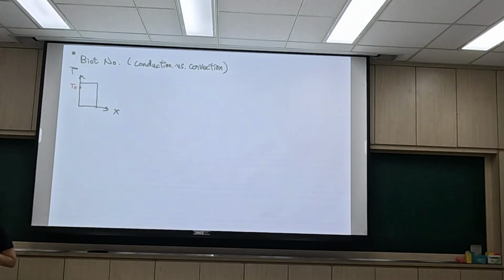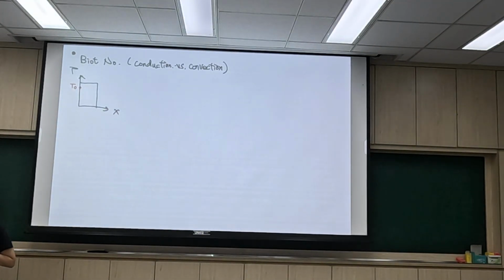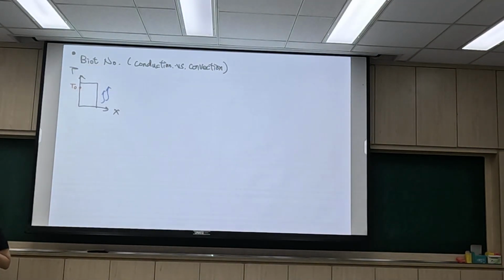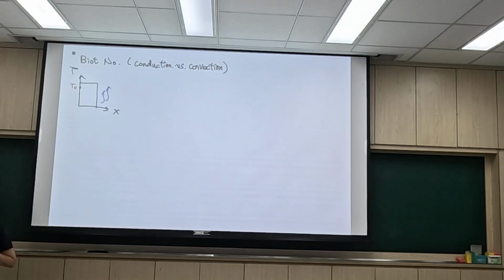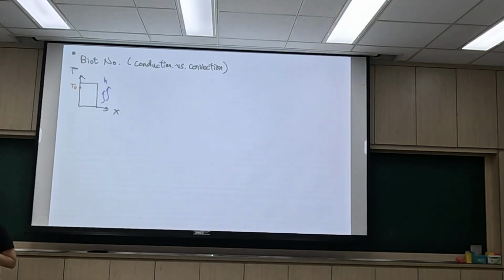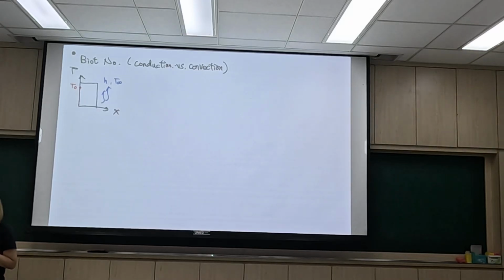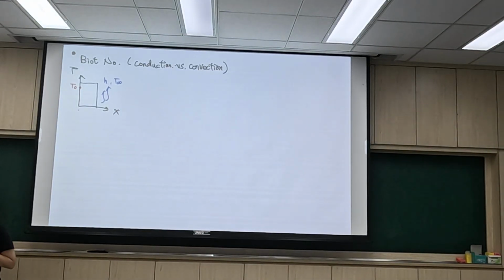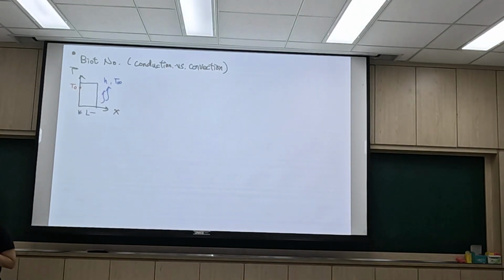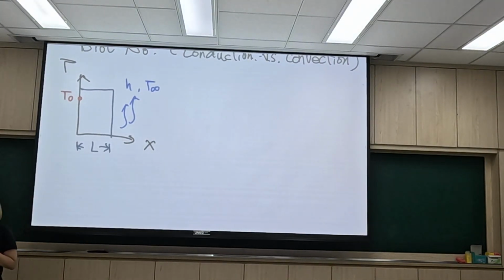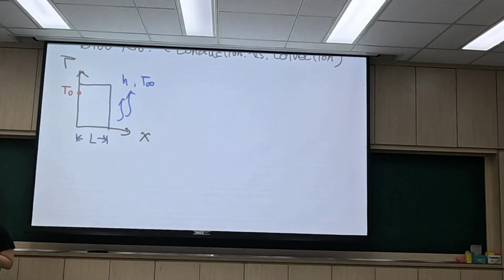Then on the other side of the wall we have convection, because we want to compare the convection, right? So we must have convection, and with convection we have H, and the temperature far, far away. And the thickness of the wall or the material is L. That's quite similar; we have been talking about this example for a long while.